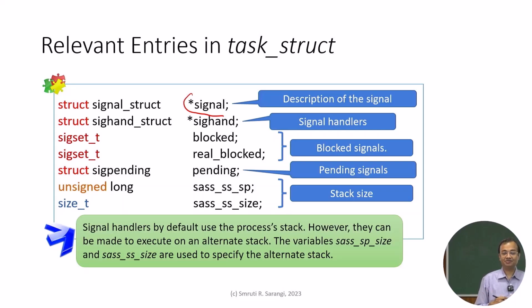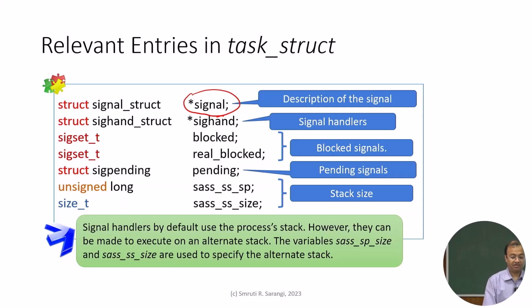Signal struct, as we shall see, is the apex data structure for signal related information by and large. The second is a sig hand struct. As the name suggests, it's a signal handler structure which has information about signal handlers. All right. So one is information about signals and the other is information about signal handlers. They are kept separate. What is their structure? We'll look at it in a few seconds.